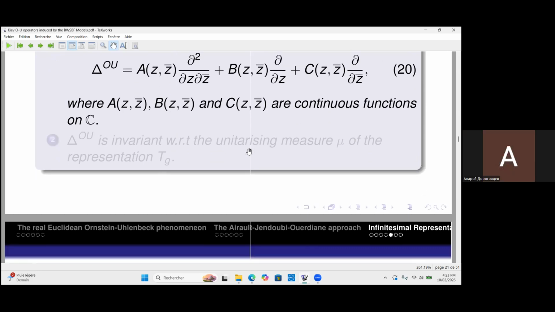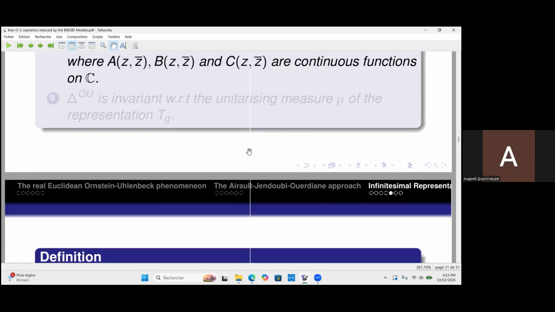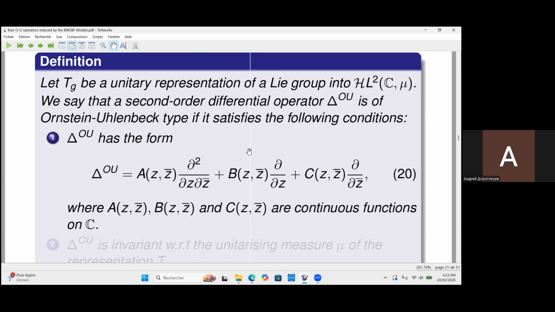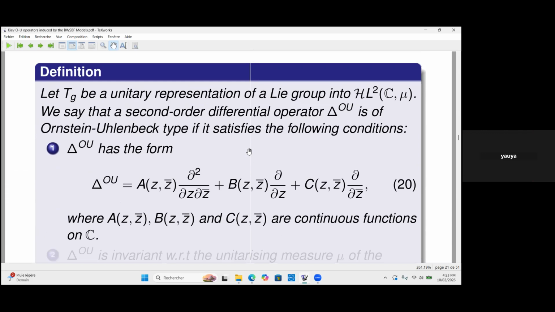Furthermore, Souheyl, can I ask you, at least in the general case, it is not evident that A and B cannot be zero, yes? For example, A cannot be zero, otherwise you will get only a first order differential operator. For example, let your Lie group be rotations in the plane.